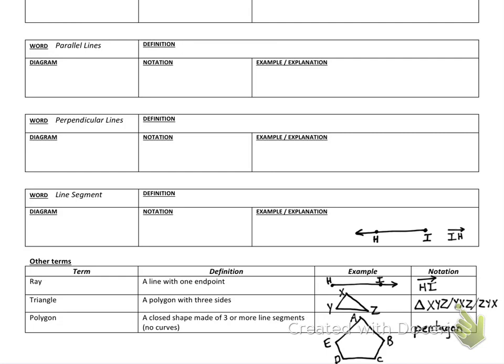And now when you're naming it, you don't just get to pick any letters you want. You have to start at some letter and either choose to go clockwise or counterclockwise around in order. So the easy way of doing this is start at A and go around clockwise, so A, B, C, D, E. Another completely legitimate way of naming this would be pentagon D, C, B, A, E. So if I started at D and went around counterclockwise, D, C, B, A, E, that works, it just looks weird.